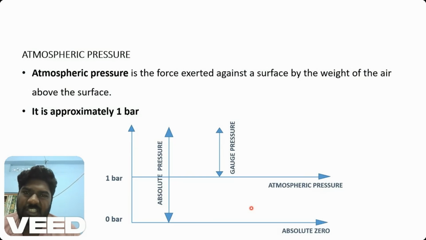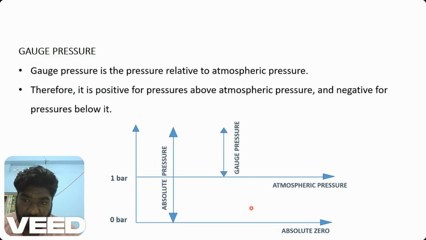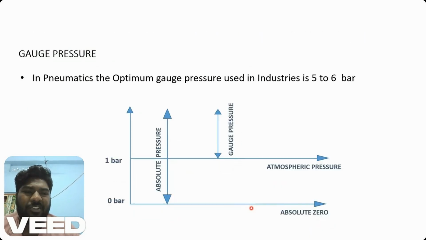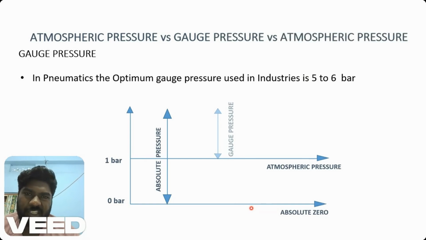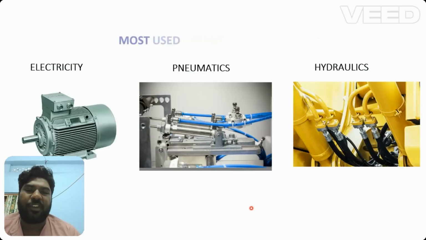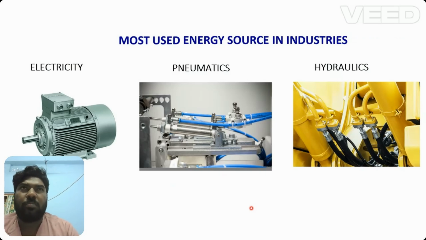As we discussed, atmospheric pressure is nearly up to 1 bar. Gauge pressure is the pressure above atmospheric pressure, and generally in industries the pressure we use is 5 to 6 bars depending on the type of application. Absolute pressure is the difference between the gauge and atmospheric pressure. This is about pressure.